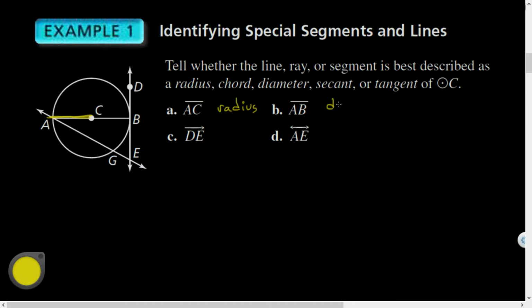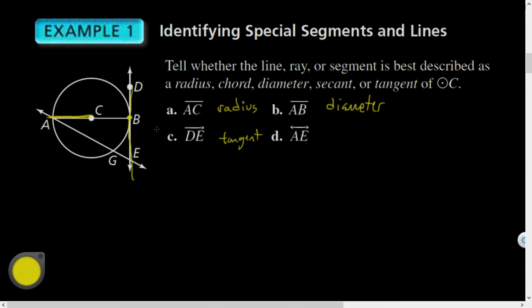The diameter, a diameter, because there are infinitely many of them, right? DE is a ray here, and it's a tangent ray. And it appears to touch the circle at exactly 1 point.